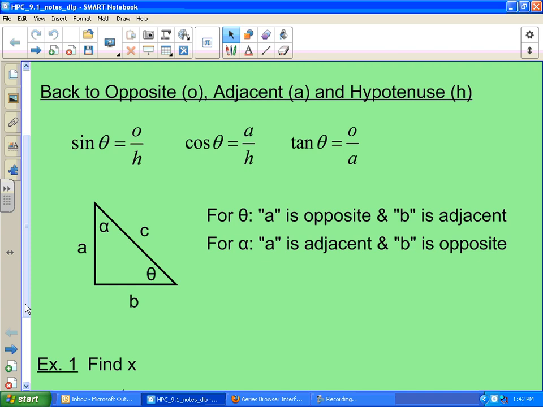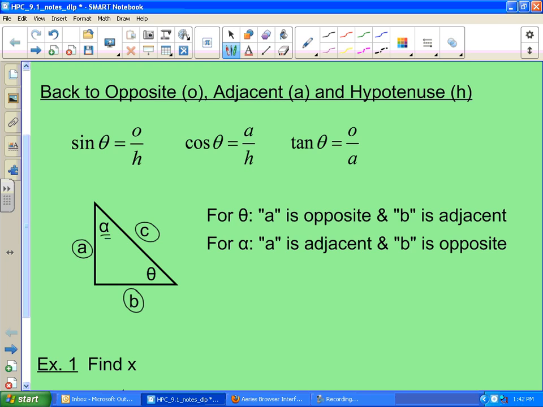Now, in terms of setups for triangles, generically speaking, we use lowercase letters to represent the length of sides. And then you'll either use Greek letters to represent the angles, or you might use capital letters.